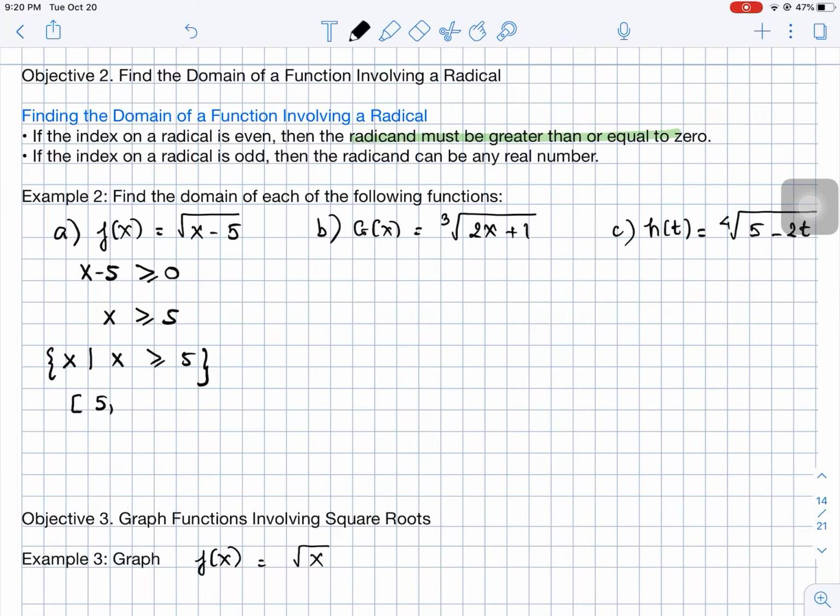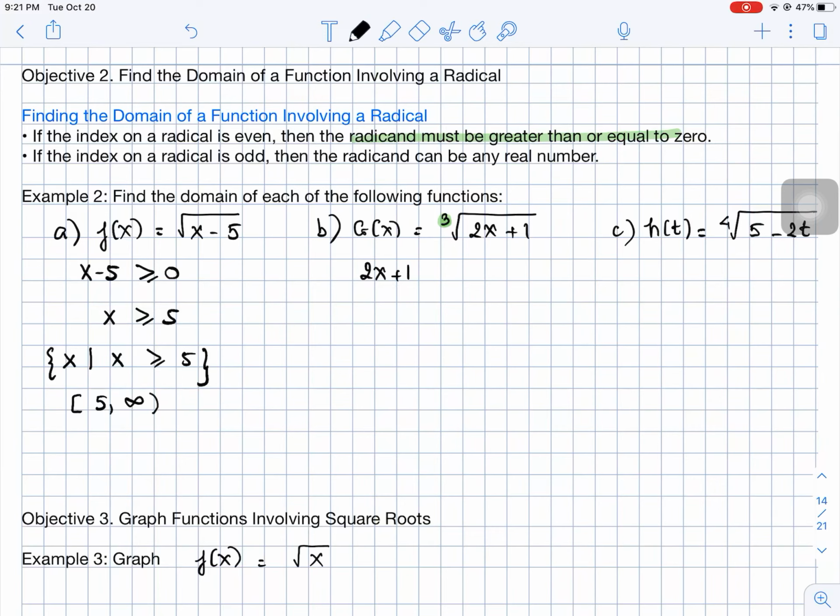Then add 5 to both sides: x greater than or equal to 5. You can answer the domain in set builder notation like x such that x is greater than or equal to 5, or in interval notation from 5 to infinity.